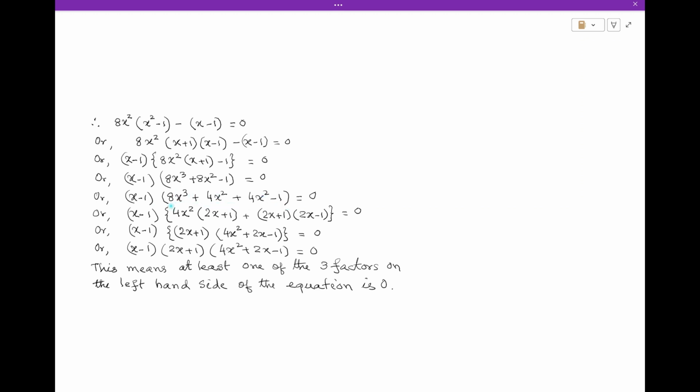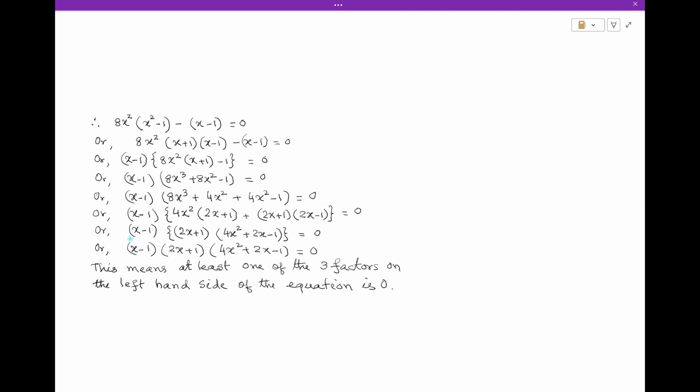We have written this as 8x cubed plus 4x squared plus 4x squared minus 1, and the whole thing is equal to 0. So that is equal to x minus 1 multiplied by 4x squared multiplied by 2x plus 1 plus this quantity, which is equal to 2x plus 1 multiplied by 2x minus 1, and the whole thing is equal to 0.